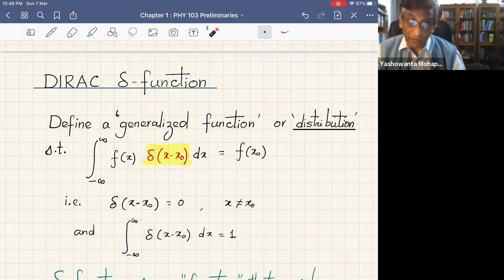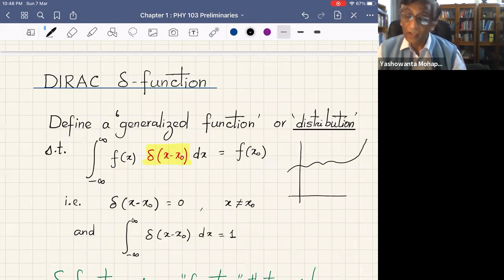That is nothing but the value of this function at x naught. So it picks out, or in other words, suppose there is some arbitrary function f of x, and I have a delta function sitting here going to infinity. That is this x naught, and this is delta of x minus x naught.